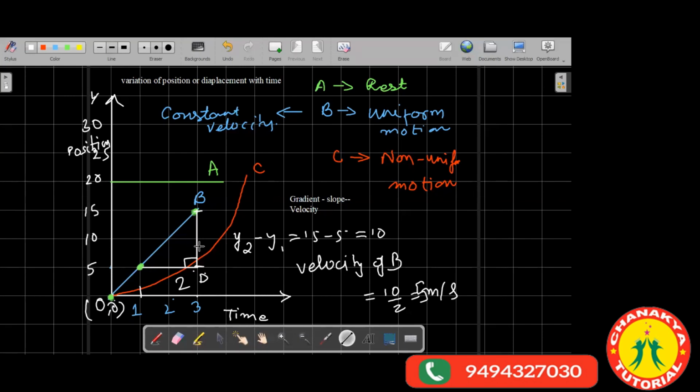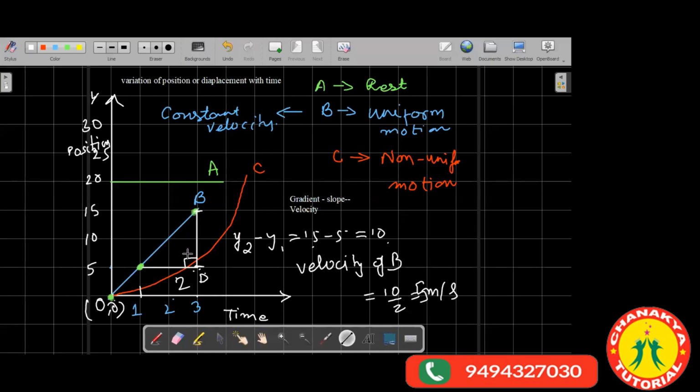Now the slope or the gradient is equal to perpendicular divided by base. So perpendicular is our BD, which we obtain as y2 minus y1, and base is our bottom part, which is 2. So you get y2 minus y1, which is 15 minus 5, that's 10 divided by 2, that you get as the answer. Or you can also obtain it by using the complete length of the graph.